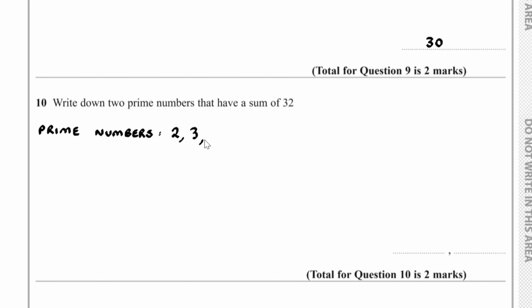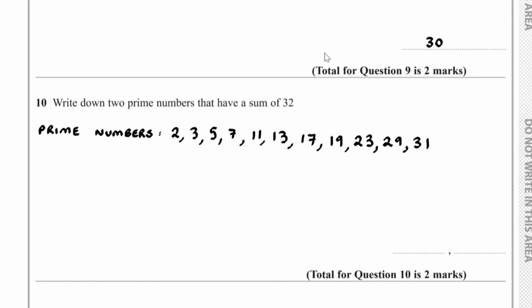Then we have 3, 5, 7, 11, 13, 17, 19, 23, 29, and 31. These are prime numbers.